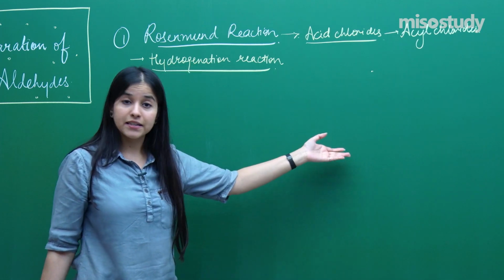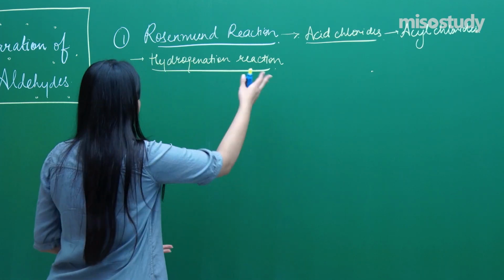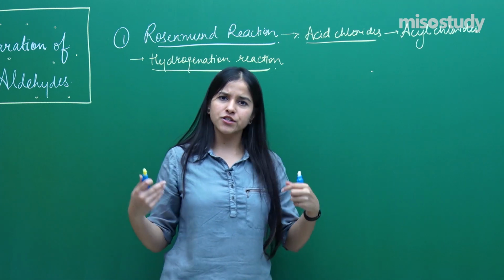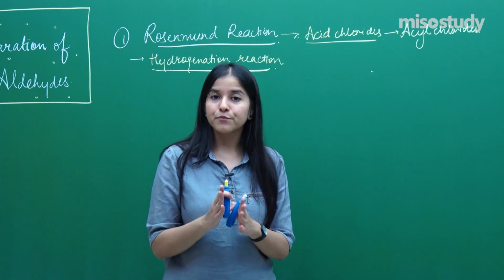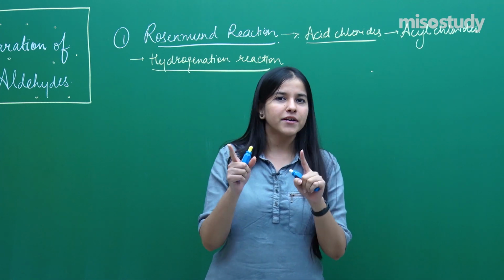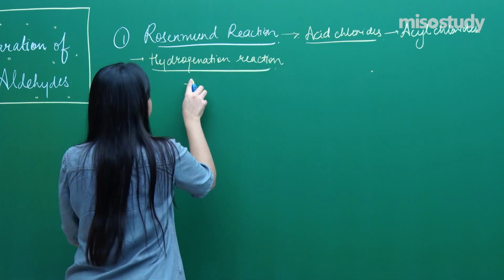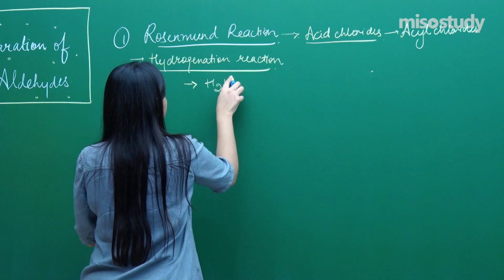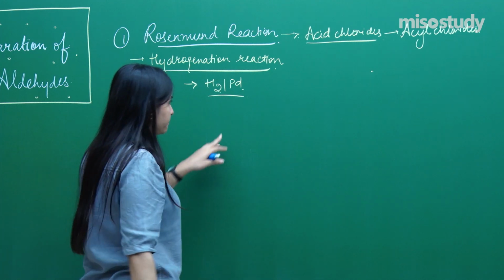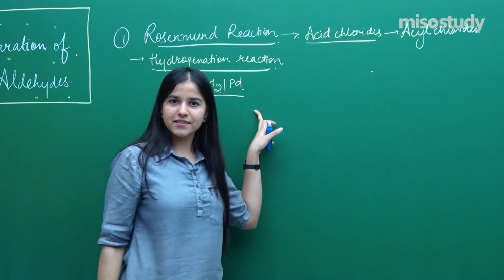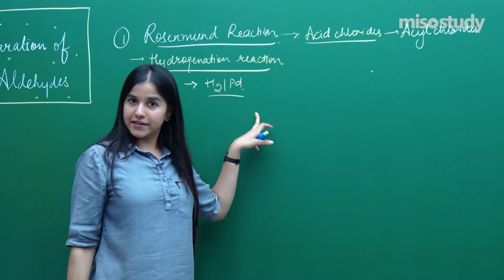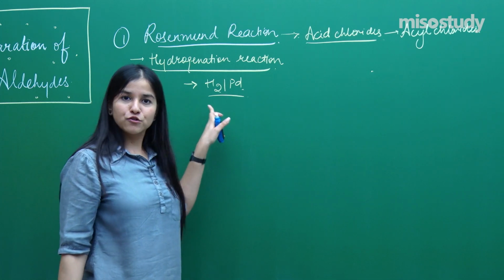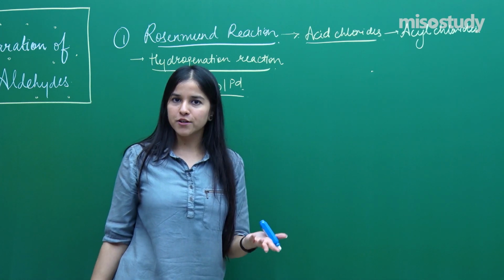This is the hydrogenation reaction, and hydrogenation means I am providing the hydrogens, using H2 and palladium, where the catalyst chosen is palladium on whose surface the hydrogenation takes place.